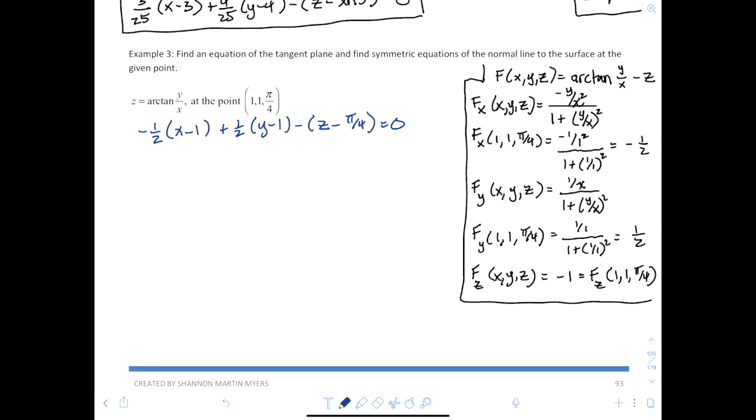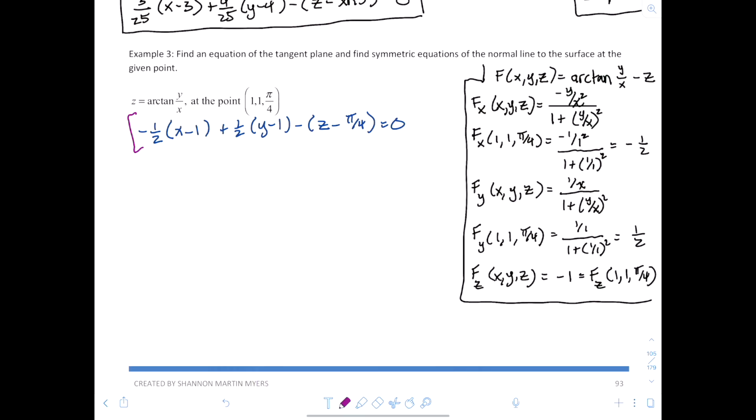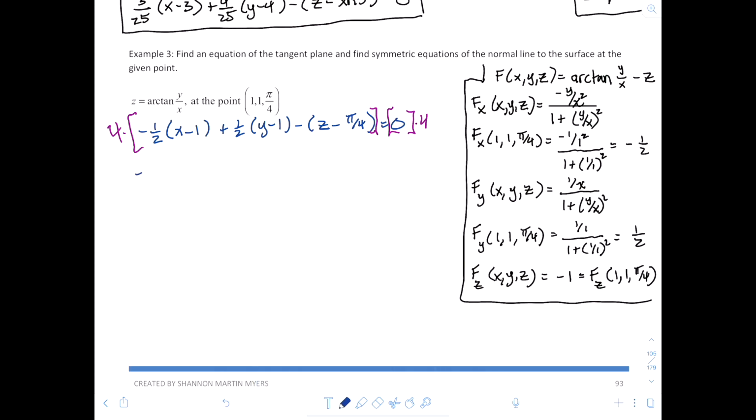And then, if I go ahead and multiply both sides by 4, I will have negative 2 times x minus 1 plus 2 times y minus 1 minus 4 times z minus pi over 4 is still equal to 0.